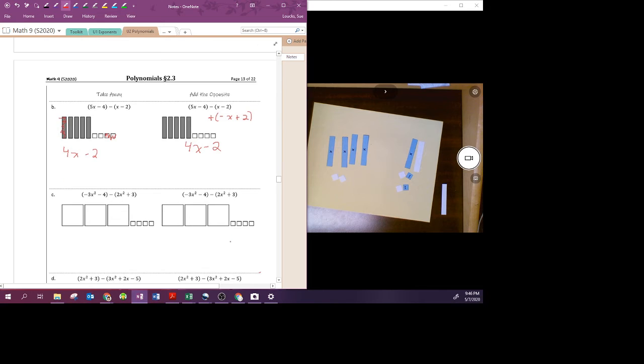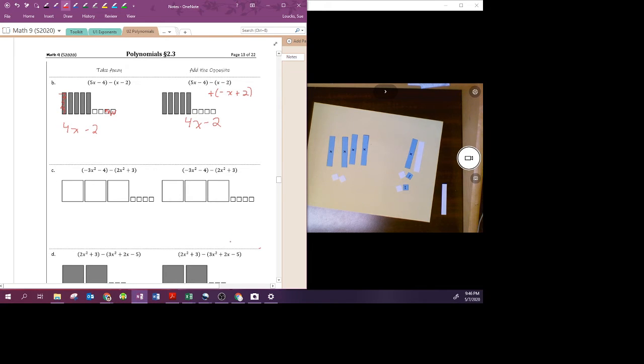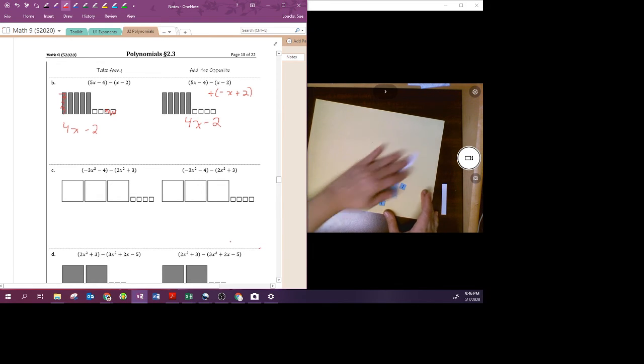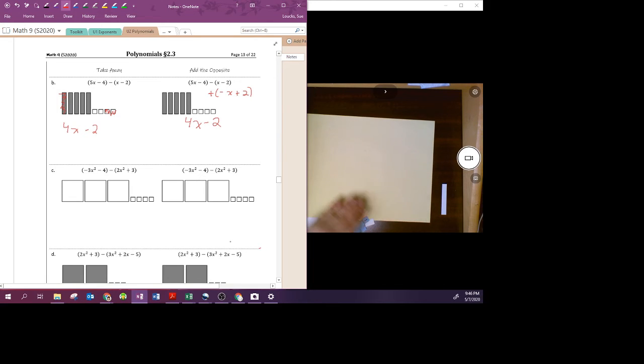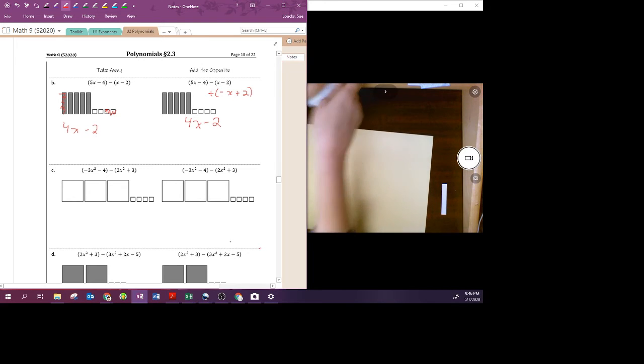Oh, this one's complicated. Okay, let's try this. So this time I have, well, let's just get rid of all of that for now. Whoops. Easier said than done. All right, I have negative 3x squared.